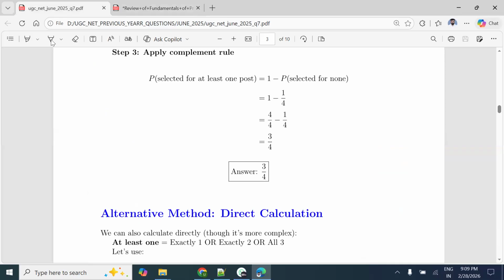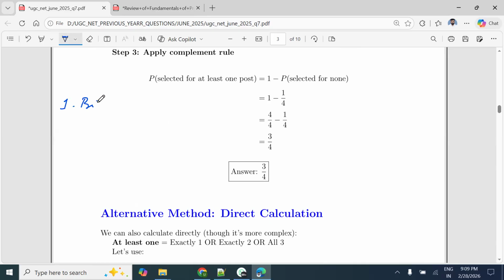What is the first part? That is the binomial coefficient: n factorial upon x factorial into n minus x factorial.